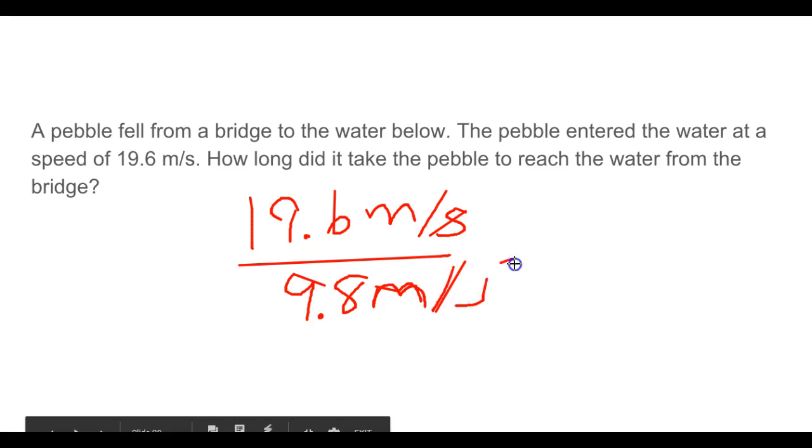Really bad delay on this right now, sorry guys. Okay, so my units that cancel, meters and seconds go away. But it's only one of these seconds, so therefore I'm still left with seconds. So 19.6 divided by 9.8 gives you 2 seconds. Okay?